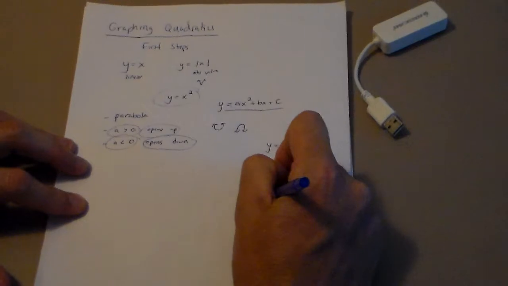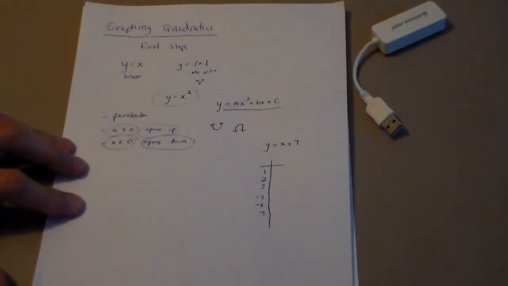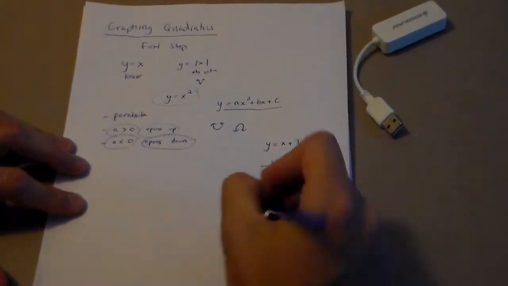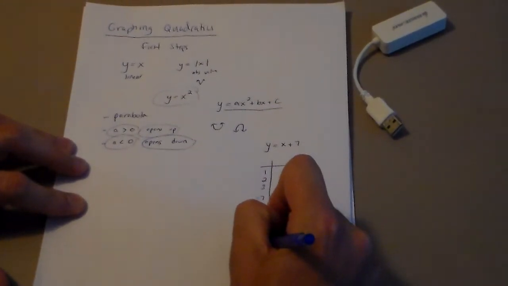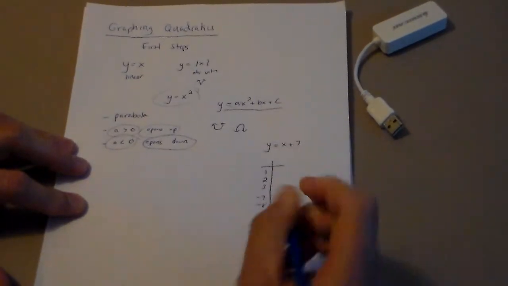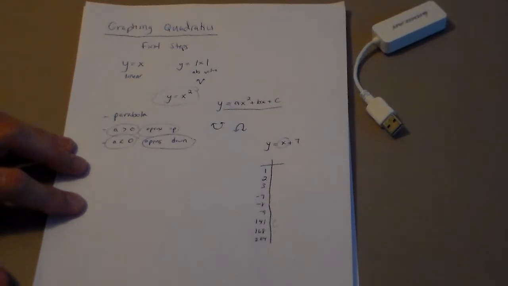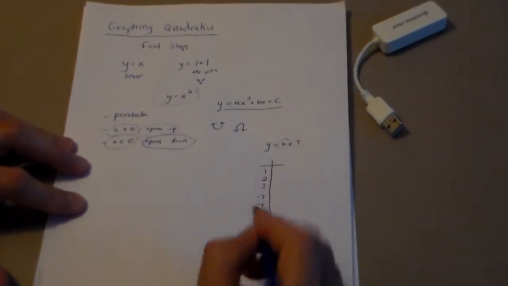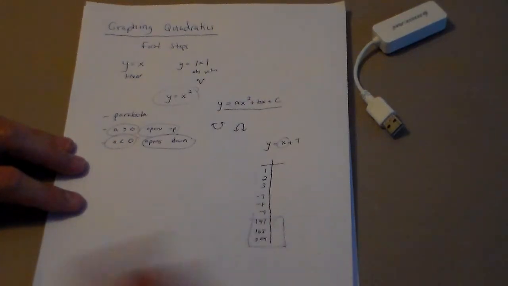I could pick -7, -8, -9. If I really wanted to, it would be a pain, but I could pick 141, 168, and 204, plug those in to get y values and graph that. I would never recommend that, because graphing something like that would be a real pain, but you could. It doesn't matter which points you pick.